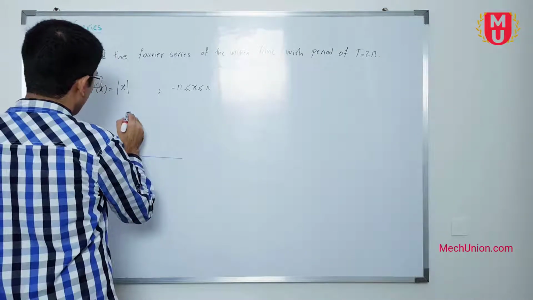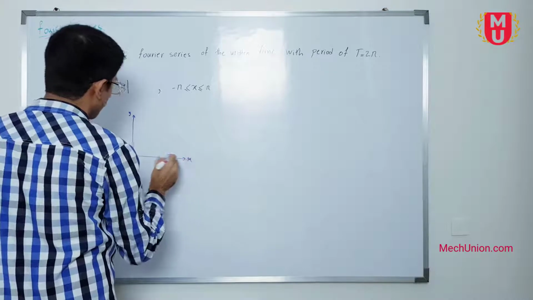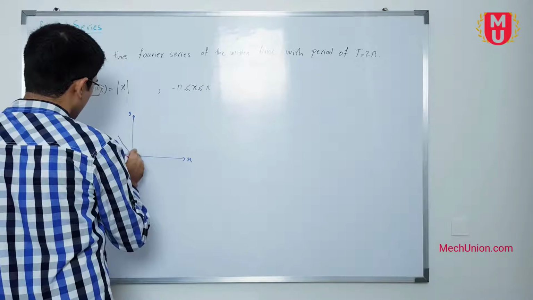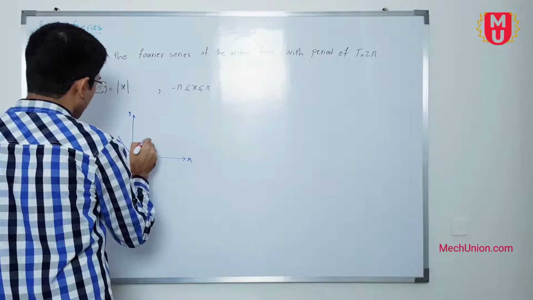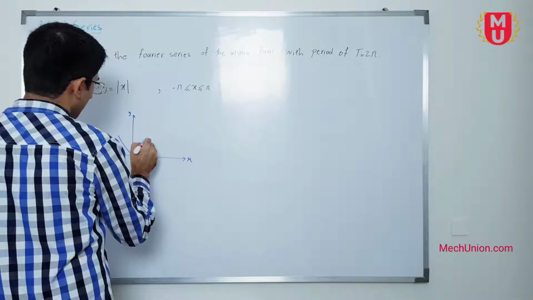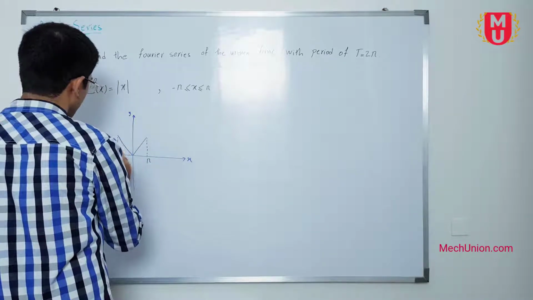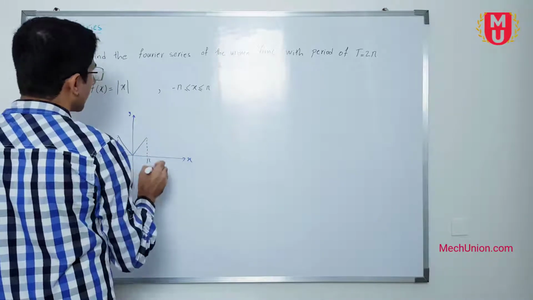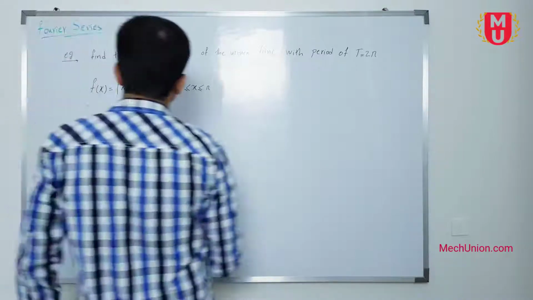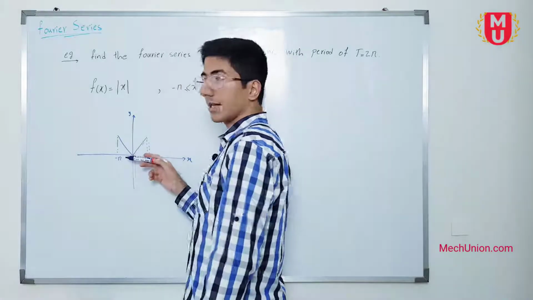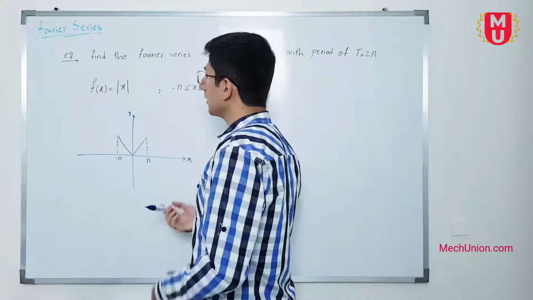This is y, this is x, and this is absolute value of x. If we consider this pi, this is minus pi, and you see that it is limited between 2 points, and it has been made artificially periodic.